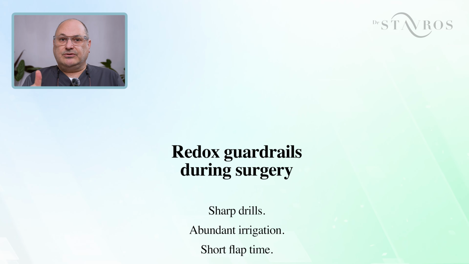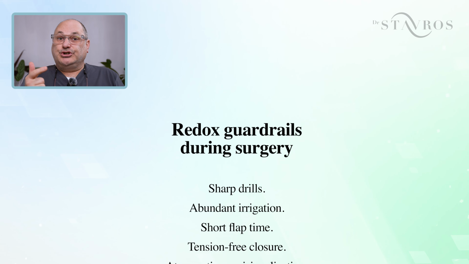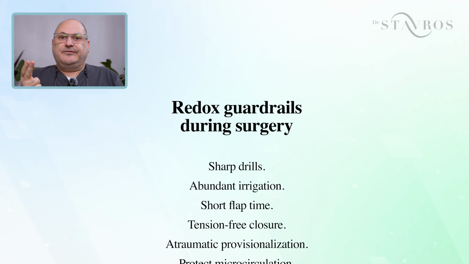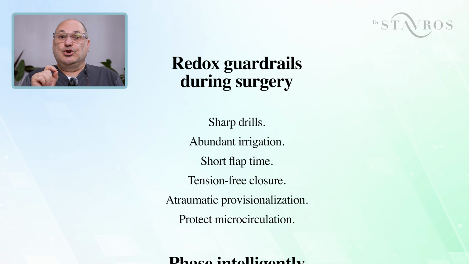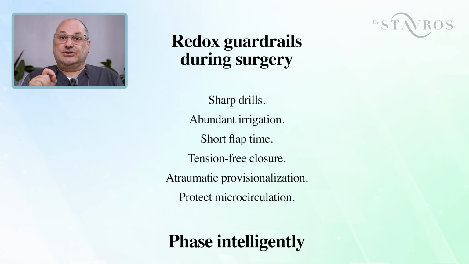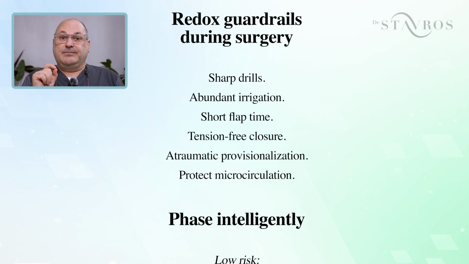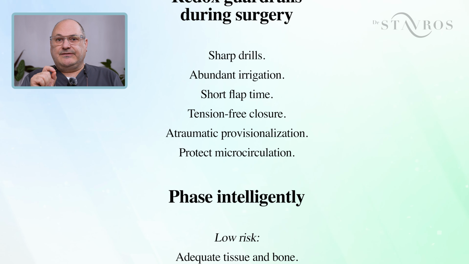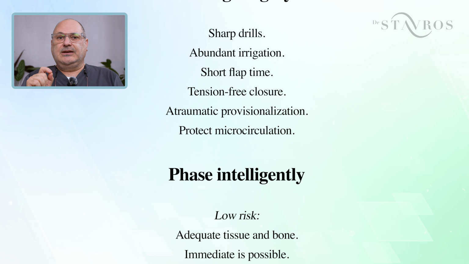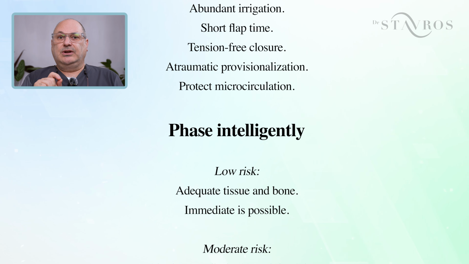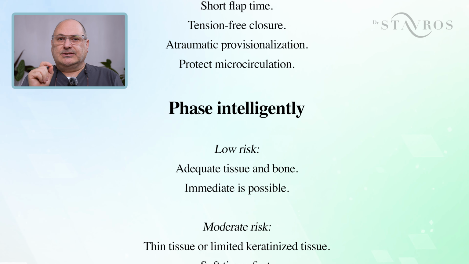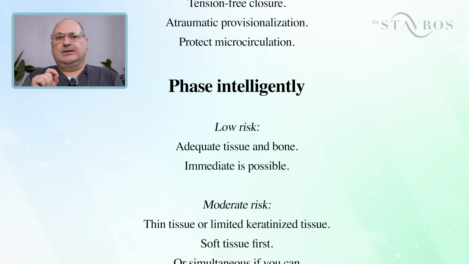Redox guardrails during surgery: sharp drills, abundant irrigation, short flap time, tension-free closure, atraumatic provisionalization, protect microcirculation, consider vitamin D3 supplementation if needed. Face everything intelligently, keep the risk low, make sure you have adequate soft tissue and bone, and if it is possible, go for immediate implants.